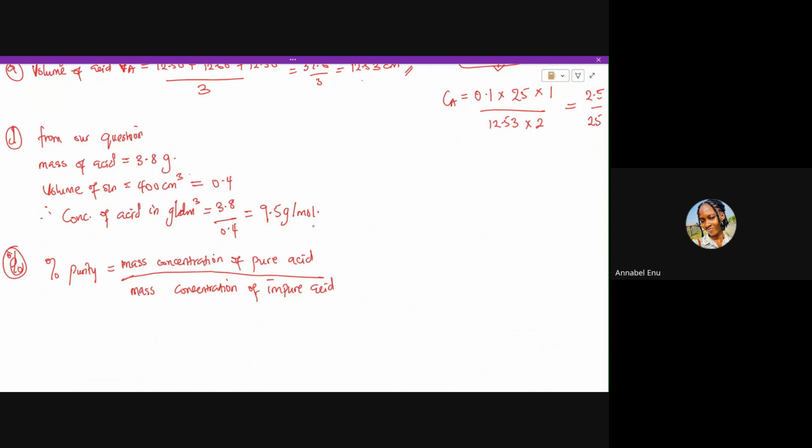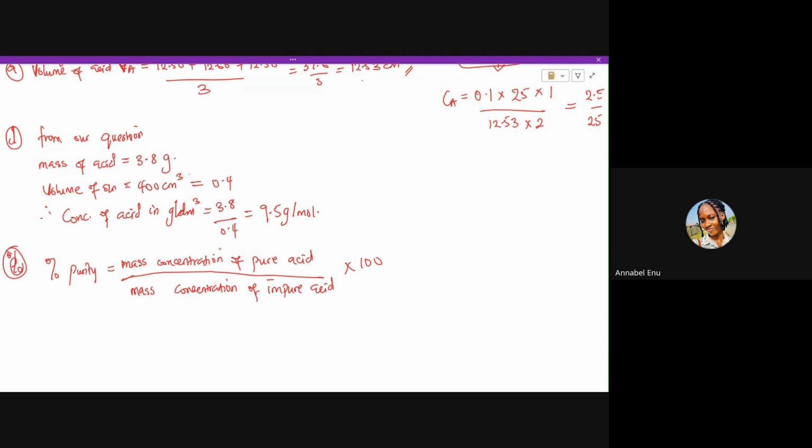We can liken this to the mass concentration of our initial acid before it got dissolved in water, right? Divided by the mass concentration of our impure acid. That is what we calculated, times 100.